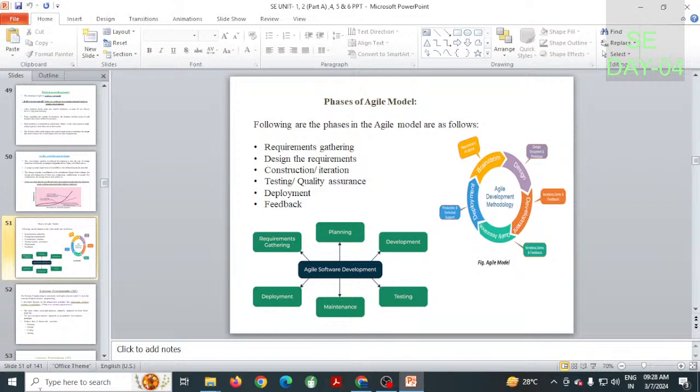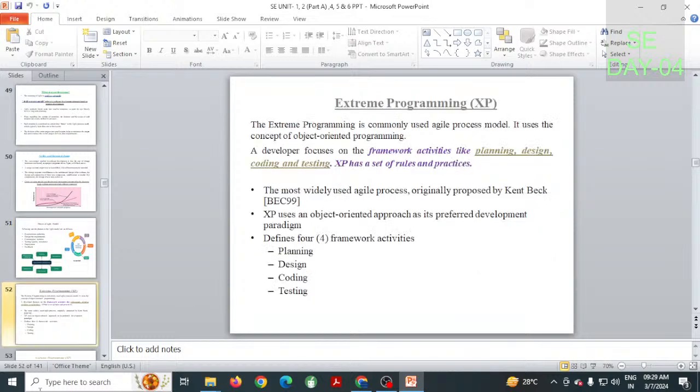Fourth, testing or quality assurance, and deployment feedback. Look at those two figures, which represent the agile models.